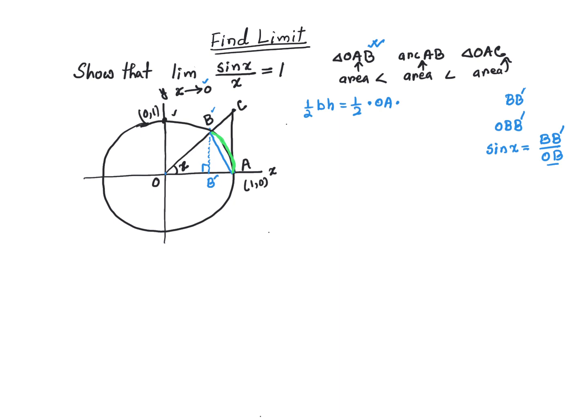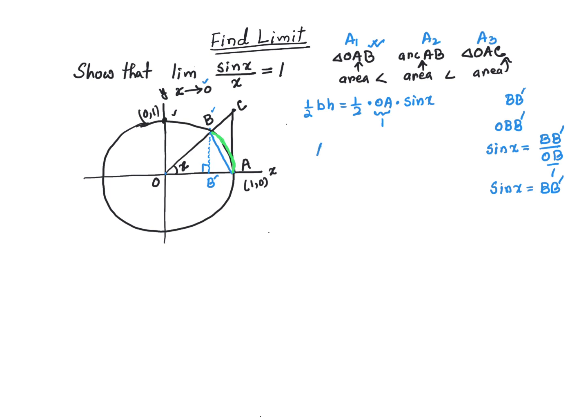So sine of x is just BB prime, which is nothing but the height of the triangle OAB. So this is just going to be sine of x. And OA is equal to 1.